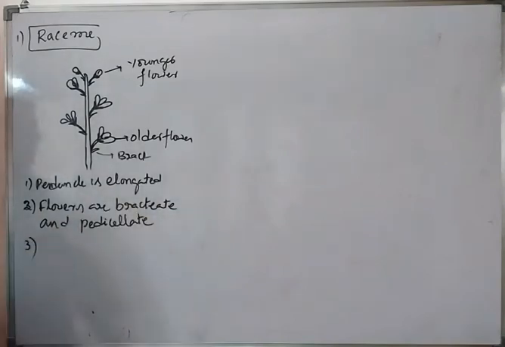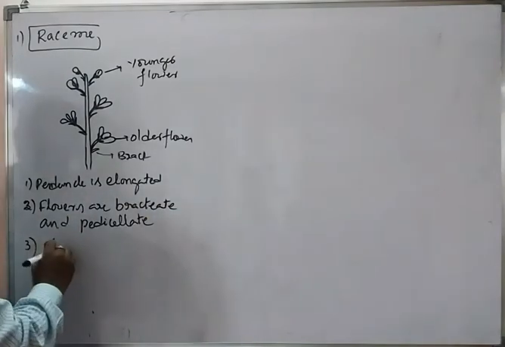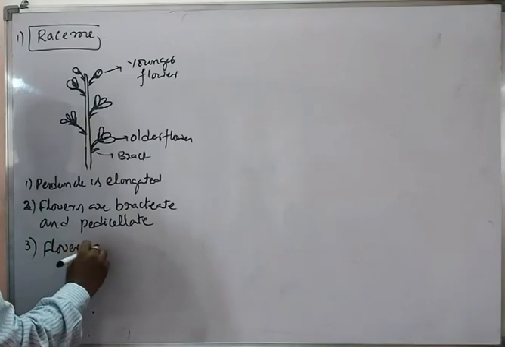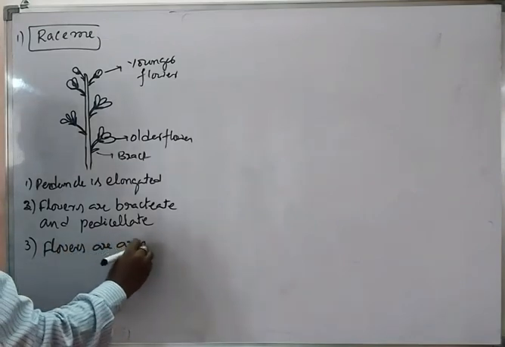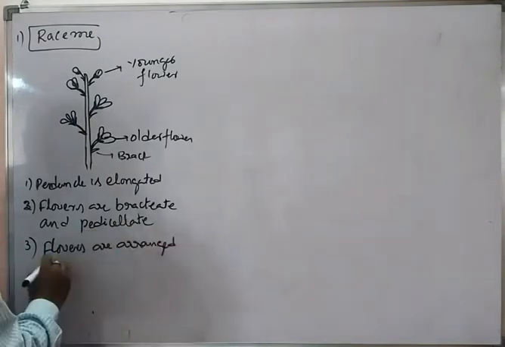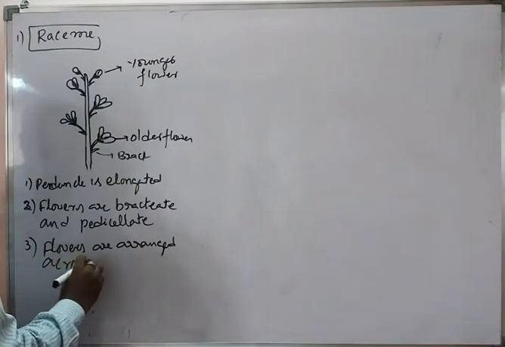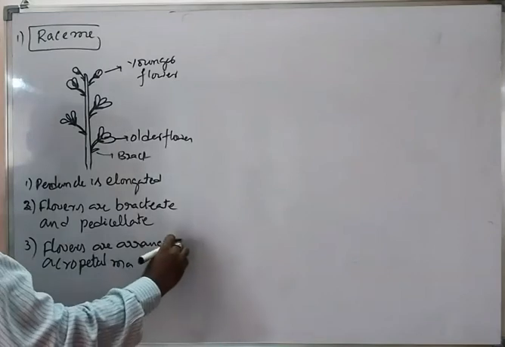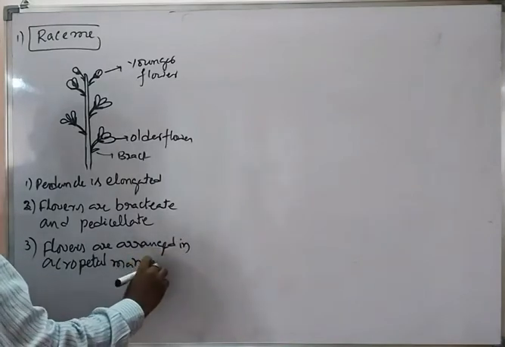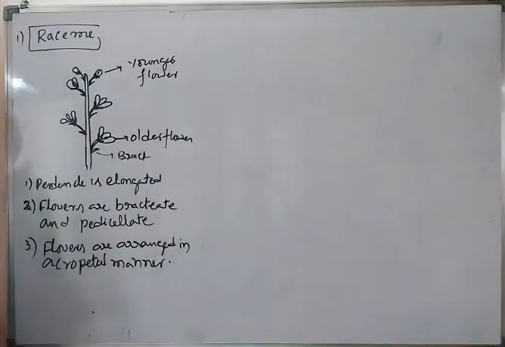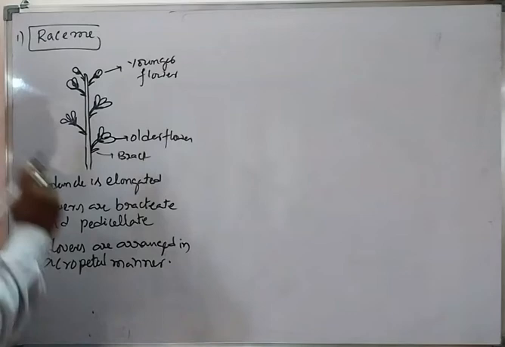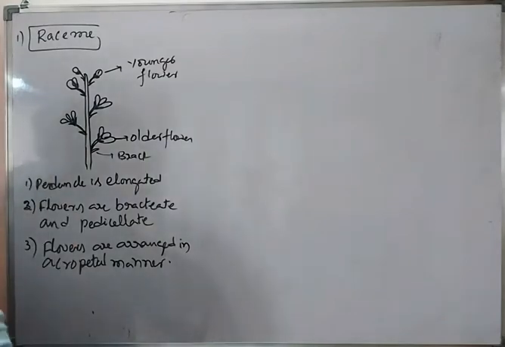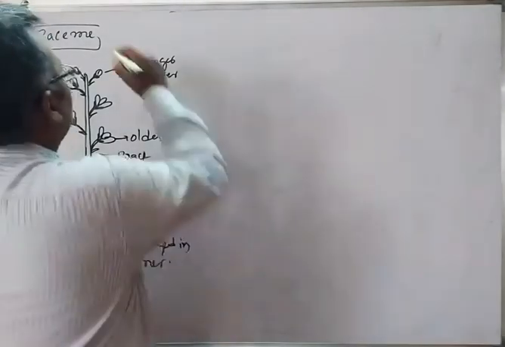Number 3, flowers are arranged acropetally, in acropetal manner. If the peduncle is unbranched, it is called simple raceme. This is of two types.